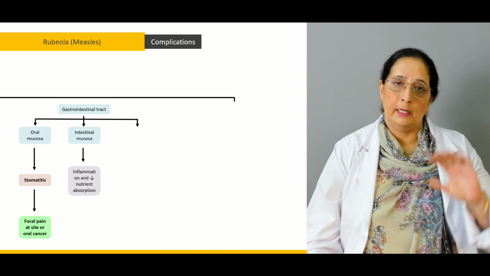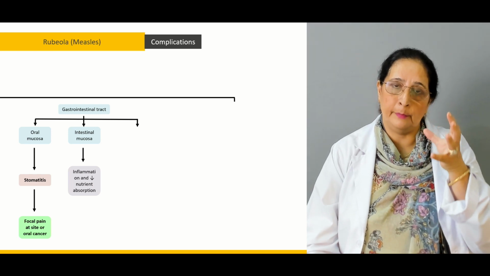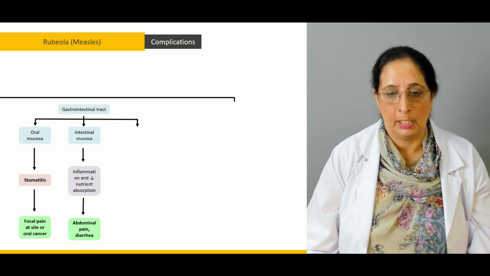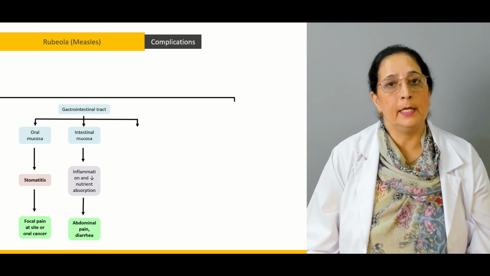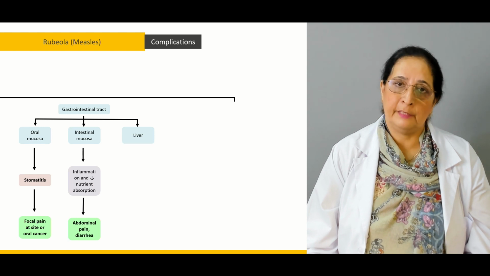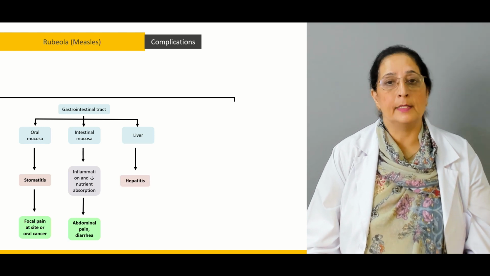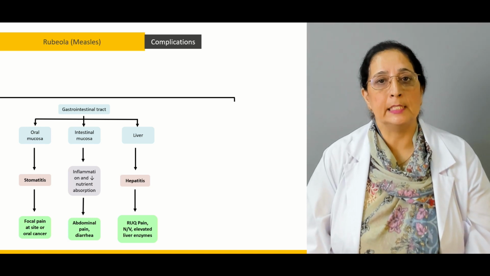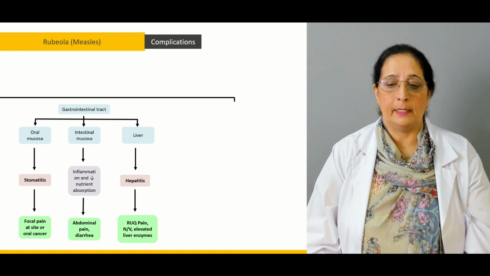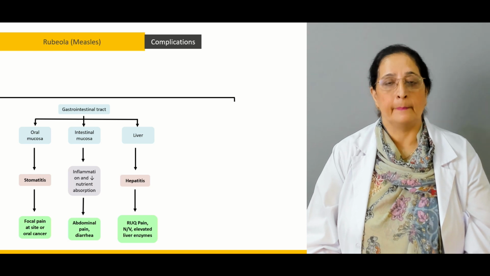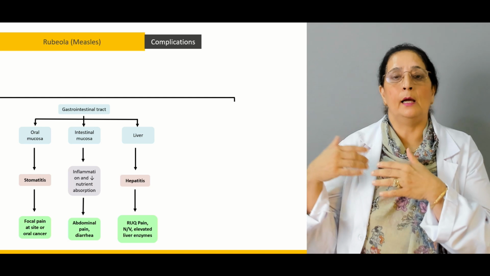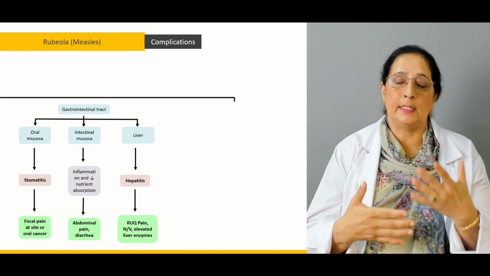So there is inflammation, and this causes a decrease in the absorption of nutrition, and there is abdominal pain and diarrhea. If it affects the liver, then there is hepatitis that causes pain in the right upper quadrant, and there is nausea and vomiting. So measles can be a multi-system disease.